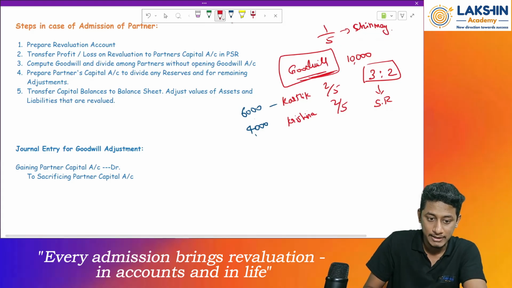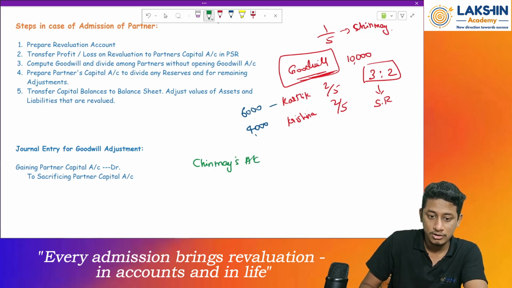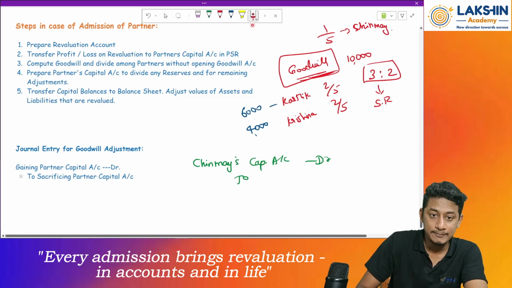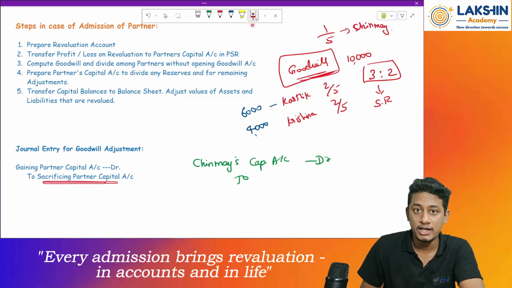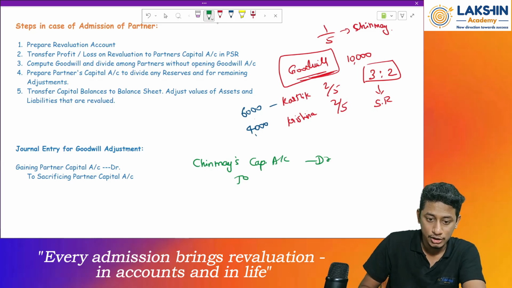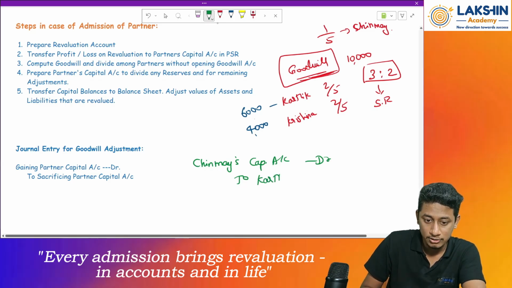So the entry will be Chinmay's capital account debited to the sacrificing partners. Who are sacrificing over here? Both Karthik and Krishna are sacrificing, right? So the entry would be to Karthik's capital account.